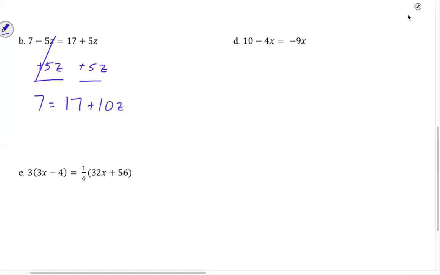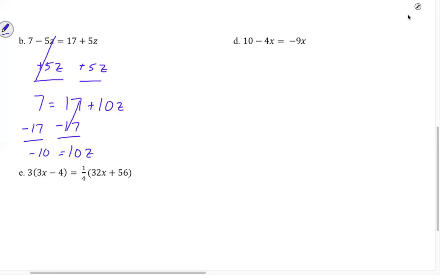Now what would you do, Miss Kender? You would subtract 17 from 7. Absolutely. So you have 10z equals negative 10.